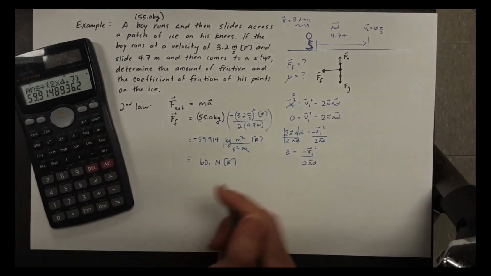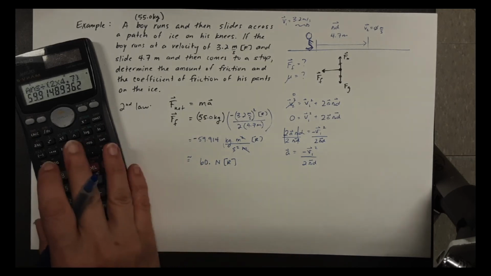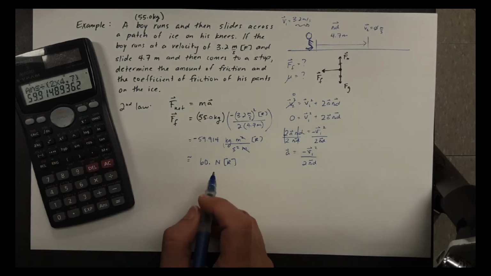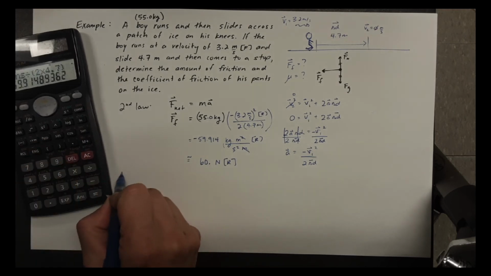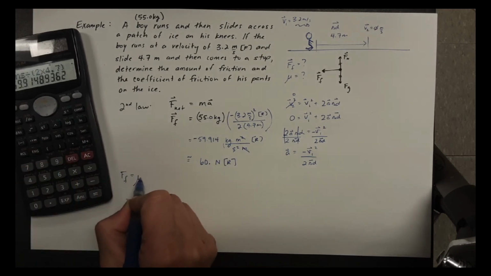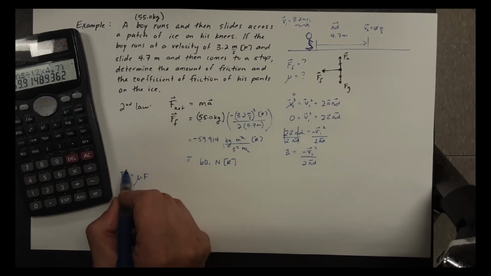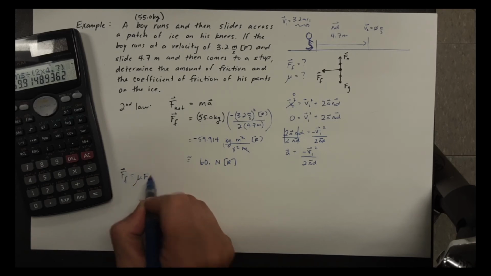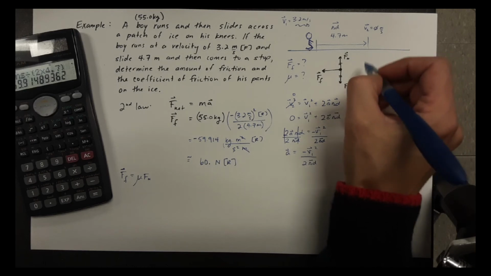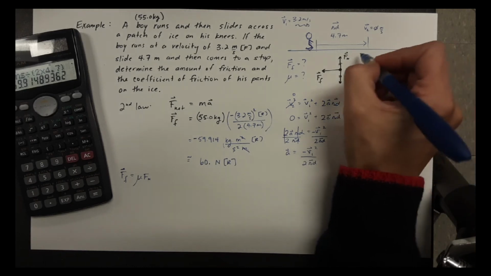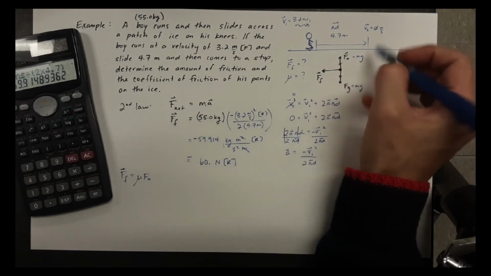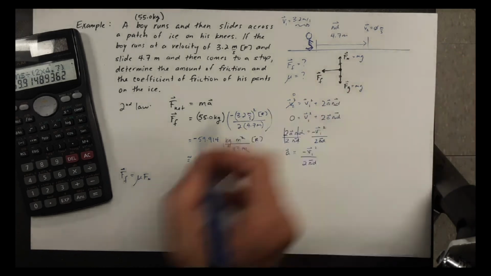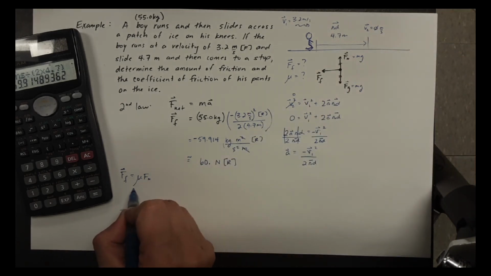Now, what is mu in this case? Well, the force of friction is equal to mu Fn, but in this case, Fn and mg are the same because it's on a horizontal surface. So I'm going to rearrange this for mu.